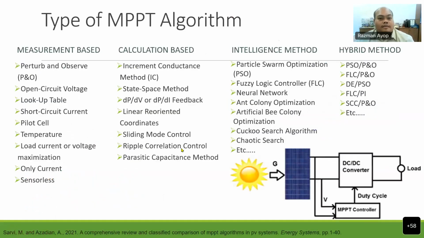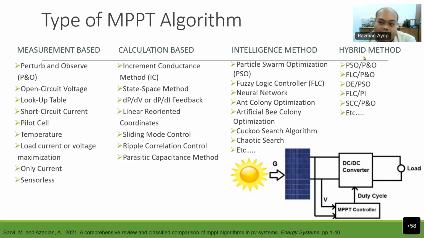If you want to know how many types of MPPT algorithm there are, you can see here some of them. There are a lot of MPPT algorithms. You have the measurement based, which measures the voltage and current of the PV and tries to obtain the optimum power. You have the calculation based, and then the intelligent method, which uses some sort of optimization method.